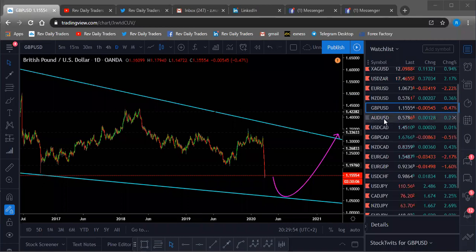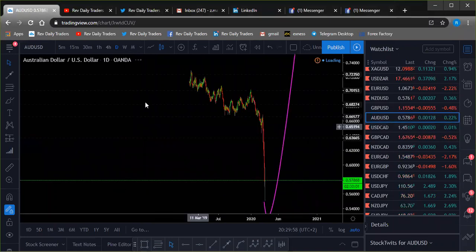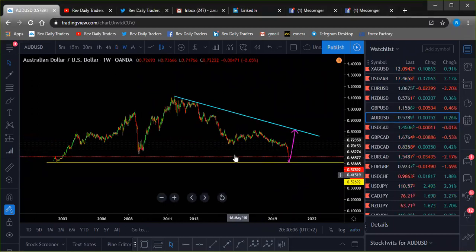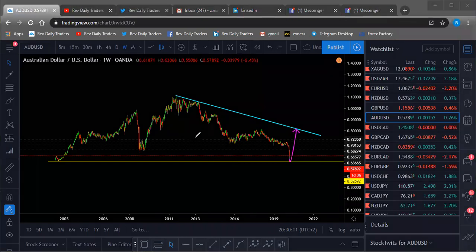We'll move to Aussie dollar. Aussie dollar too, we are having this pair on weekly, this wedge that is building.